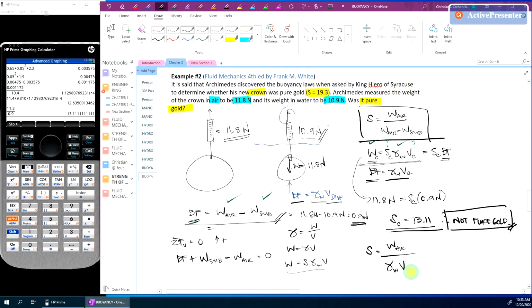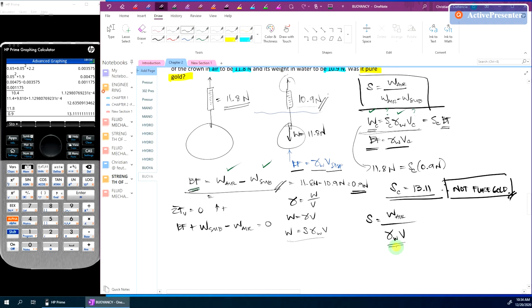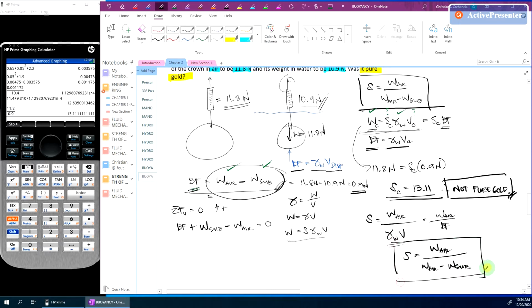Or yung volume displaced. And then, galing nga dito, sabi natin that etong mga variables na to, yung specific weight ng water times the volume is the buoyant force. But, yung buoyant force nga natin is weight in air minus weight submerged. Okay? So, doon galing yung equation.